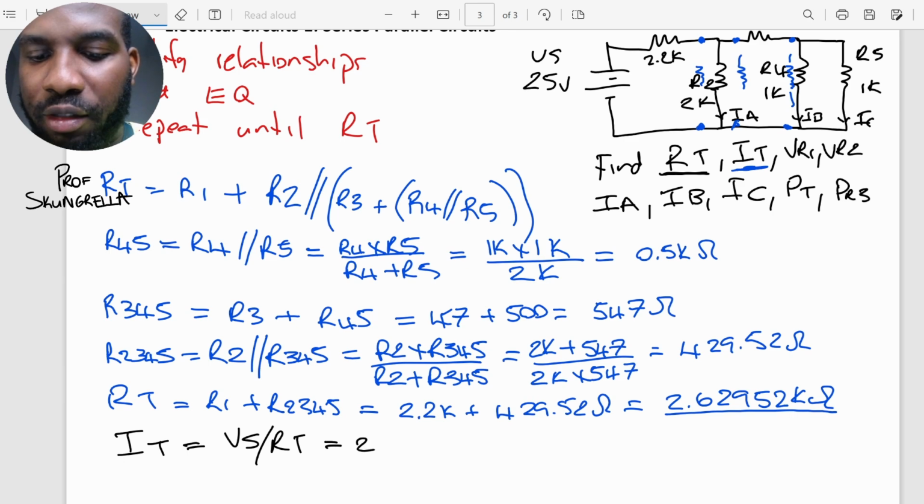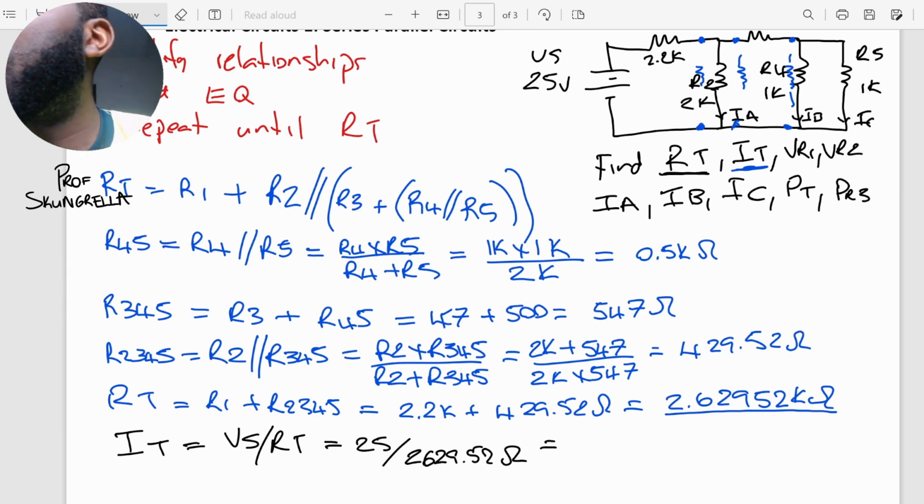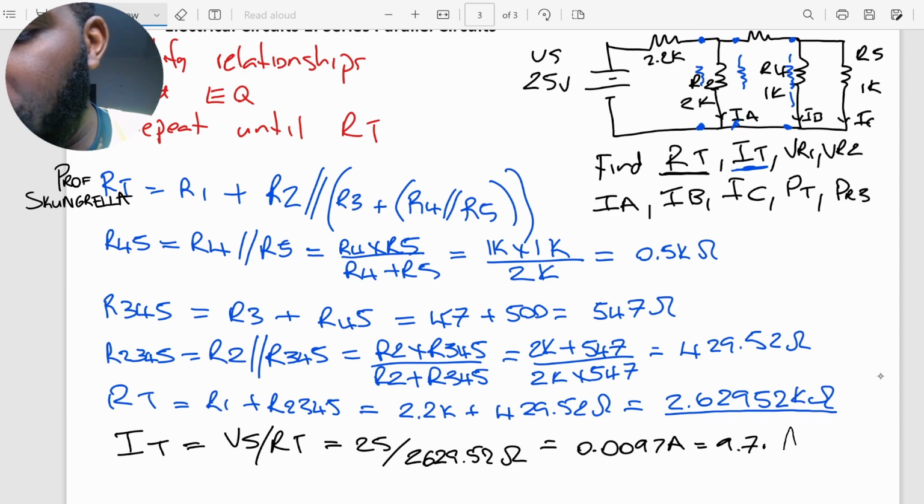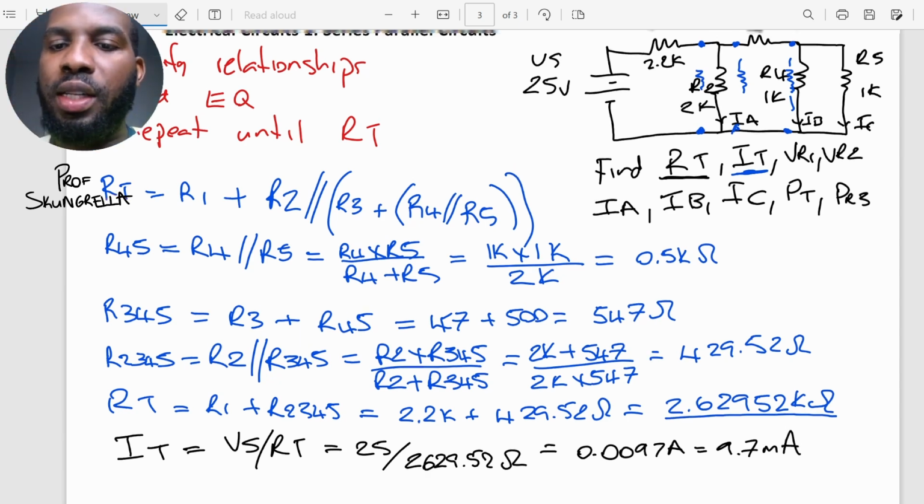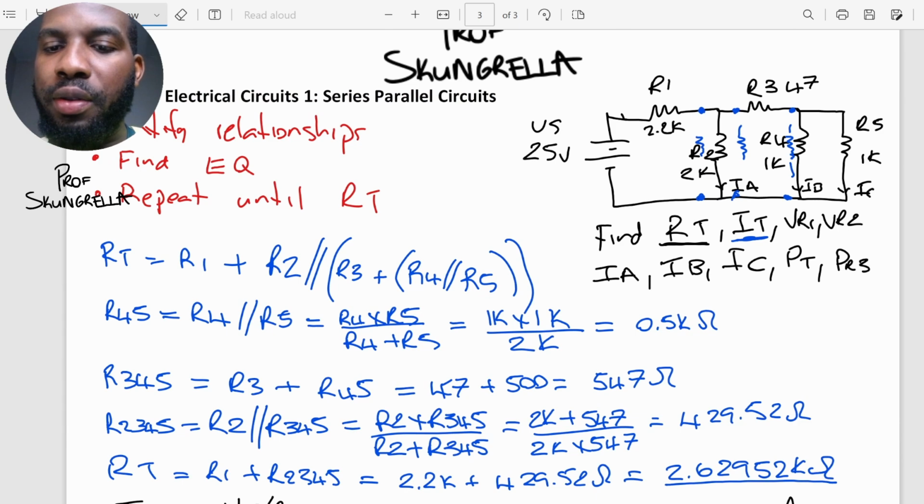This is 25 over 2629.52 ohms, and this gives us a current of 0.0097 amperes, which is the same as 9.7 milliamps. Right, so this is the total current that is coming from our battery right here, right?